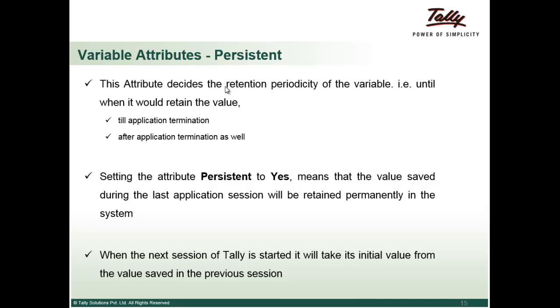When you say persistent no, then the value of that variable is lost once you come out of the application. So setting the attribute persistent to yes means that the value saved during the last application session will be retained permanently in the system. When the next session of Tally is started, it will take its initial value from the value saved in the previous session. How does this happen? The value of the variable which is persistent in nature will be saved in a file called tallysave.cfg.